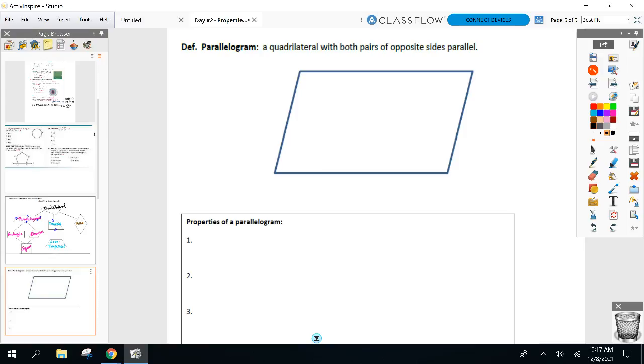First, shorthand. Nobody wants to write parallelogram every single time, including myself. So here's my shorthand for parallelogram, everybody. Everyone remember that was the parallel symbol, two vertical lines. That is how I will shorthand parallelogram, and you can feel free to do that yourself.